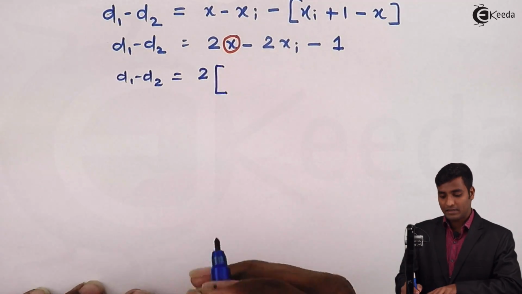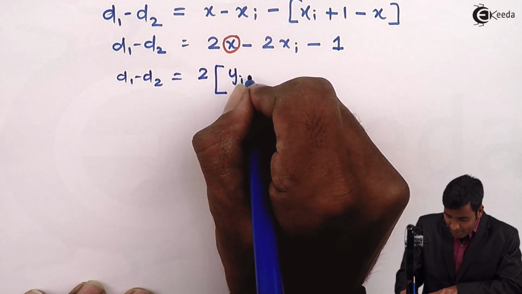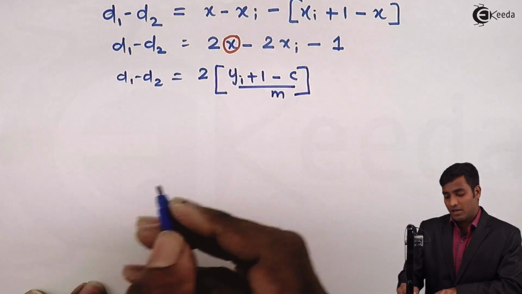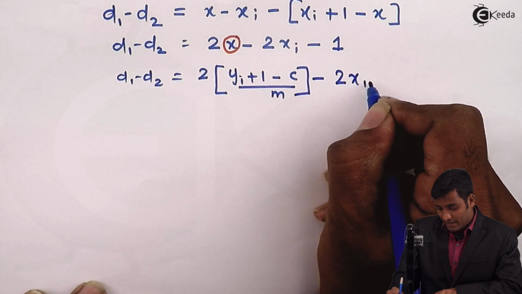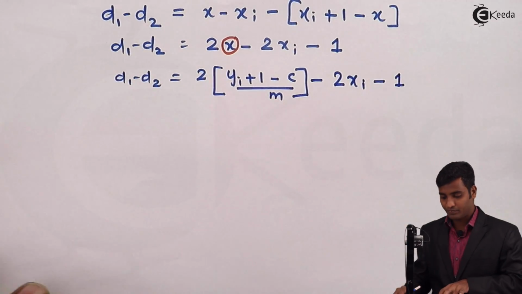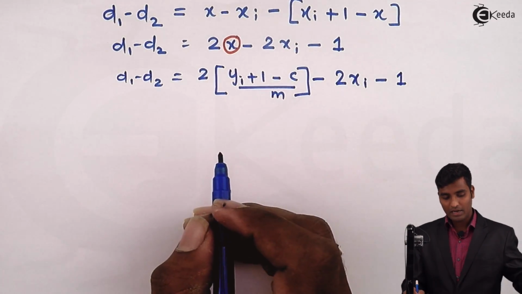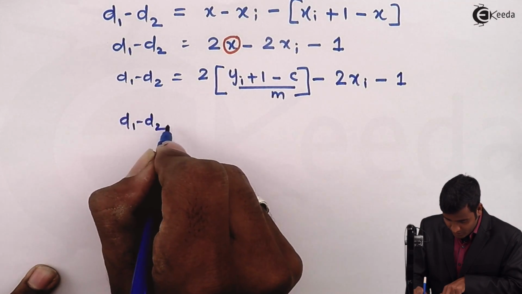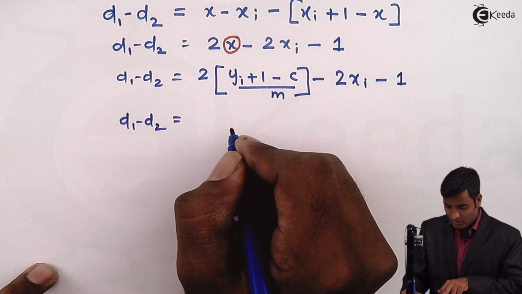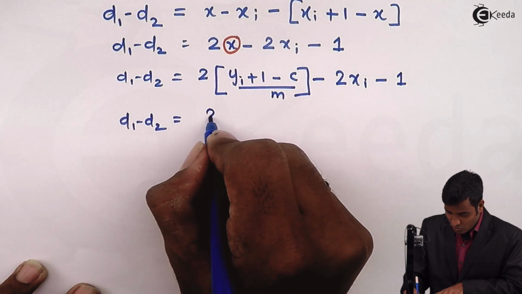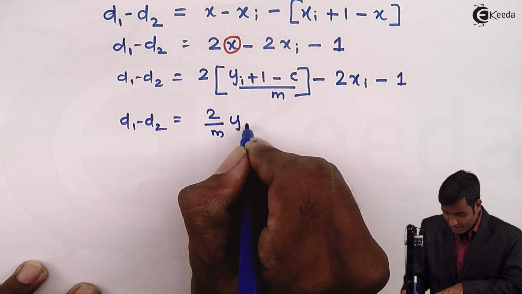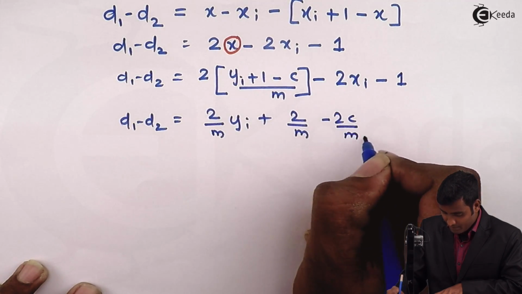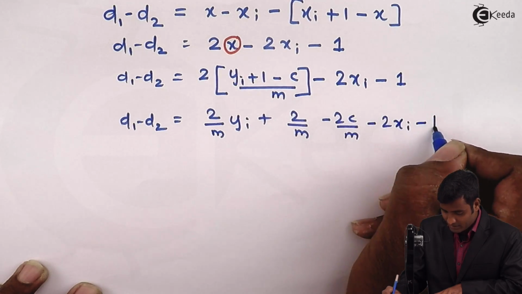So in place of x, I will write yi plus 1 minus c upon m. Now I will evaluate. I will get D1 minus D2 as 2 upon m yi plus 2 by m minus 2c by m minus 2xi minus 1.